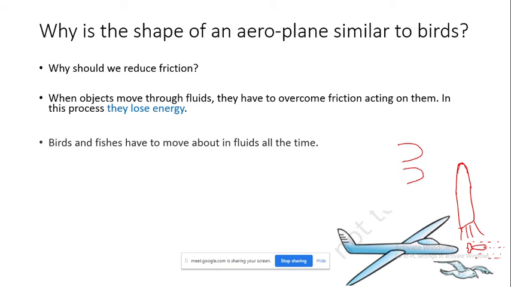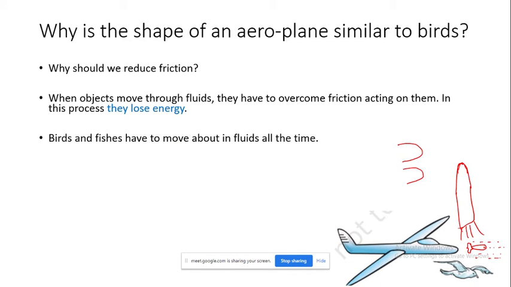Now, so then what happens to overcome this fluid friction? Their fuel will be lost without any reason, they are losing their energy. So in order to not lose their energy, we try to reduce friction, and then we look into nature. So we can see that birds are always flying.